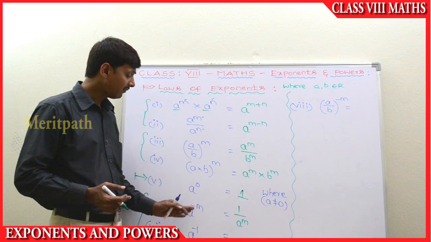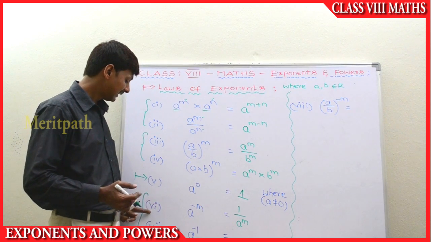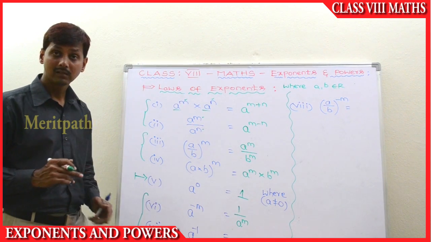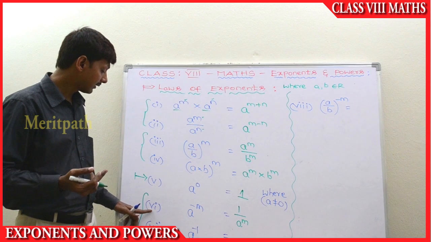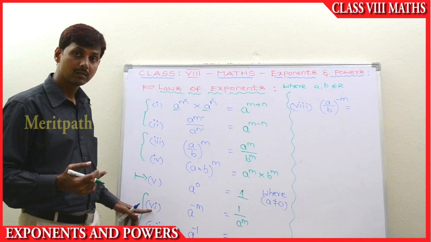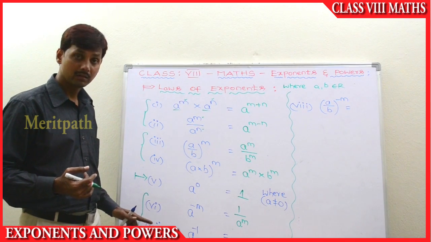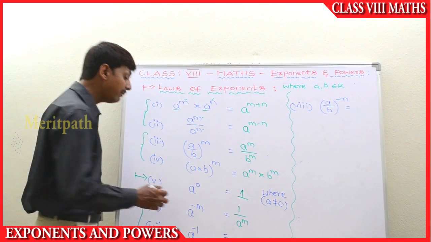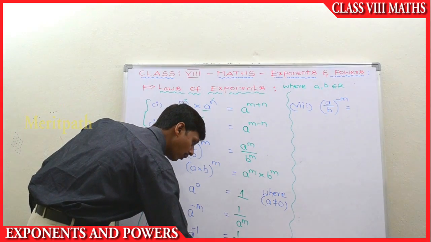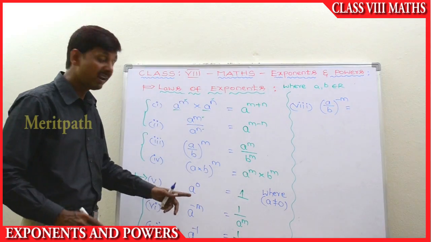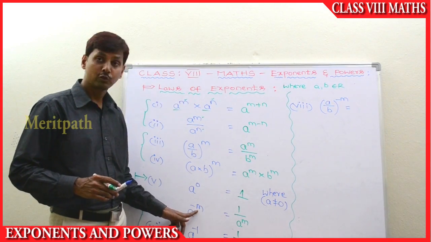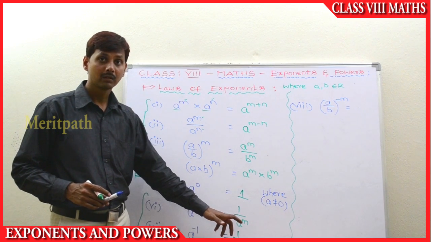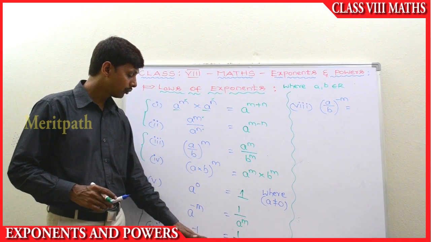So when we apply the rule of 6 to 7, it becomes 1 by a to the power of 1, because when we have taken the n to the denominator part, it became 1.